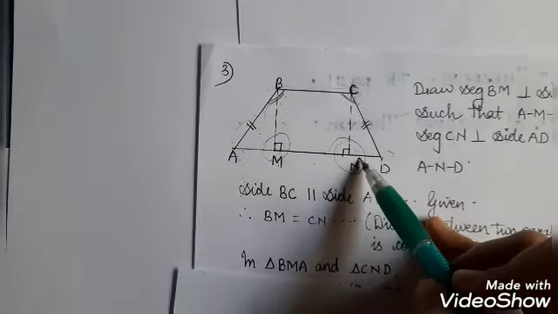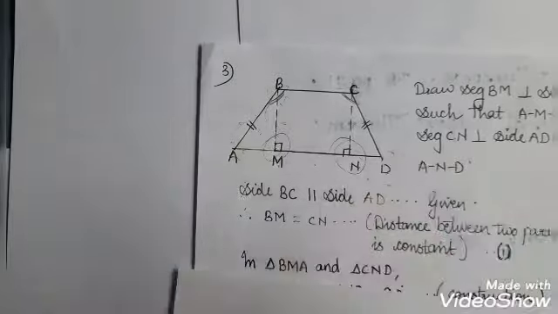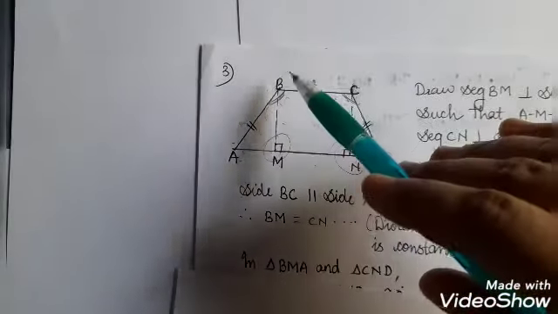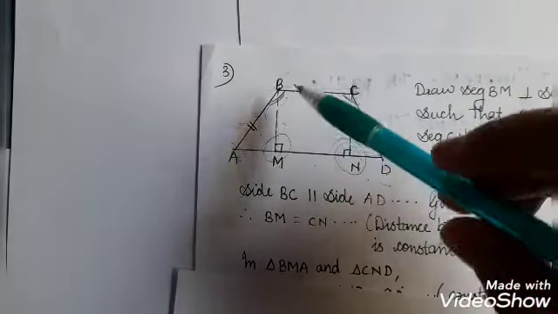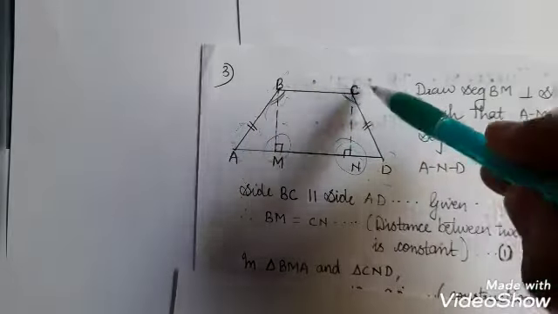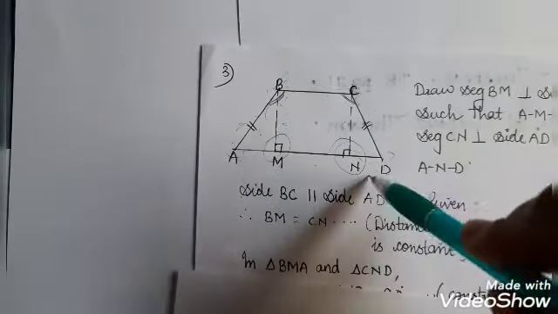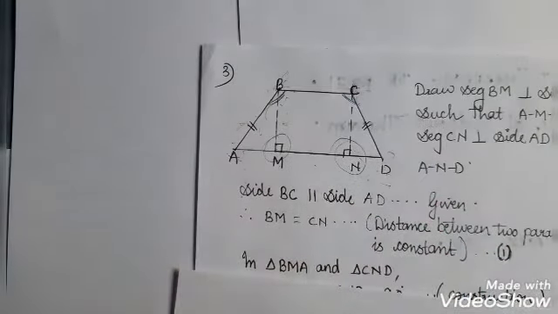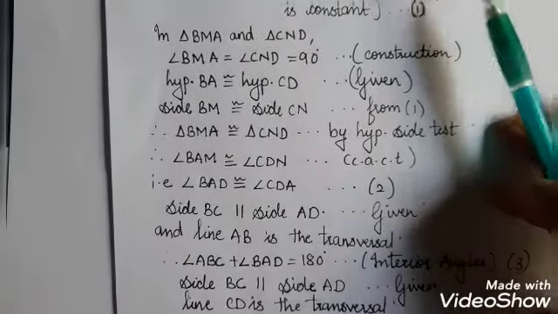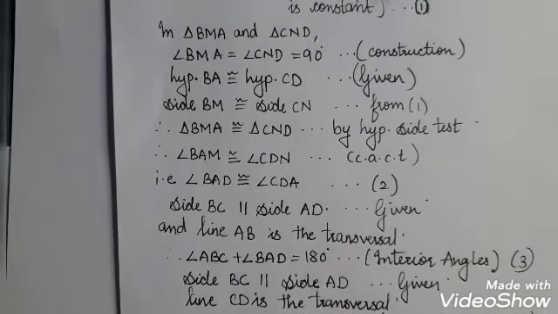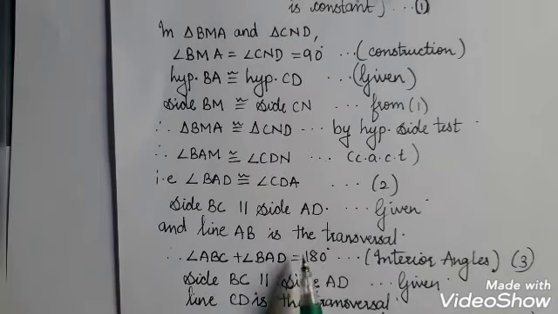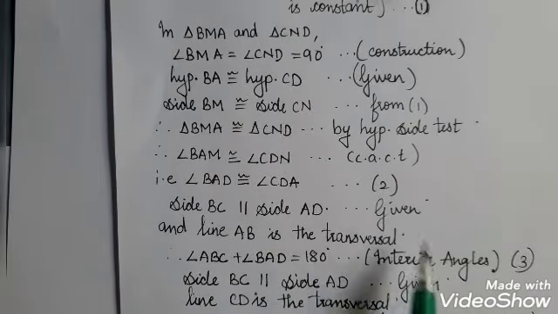BC is parallel to AD and line AB is a transversal. So that means angle ABC plus angle BAD is equal to 180 degrees, that is interior angles. So I write here, angle ABC plus angle BAD is 180, interior angles.